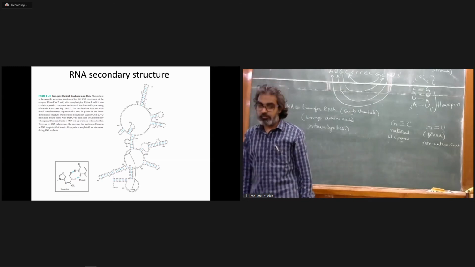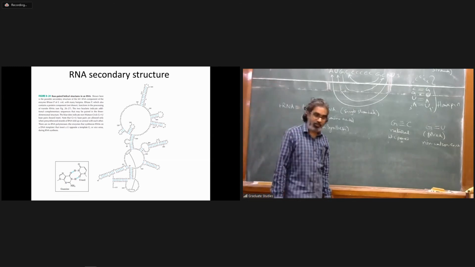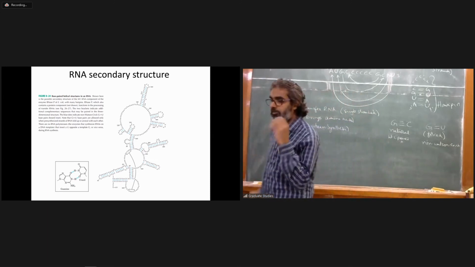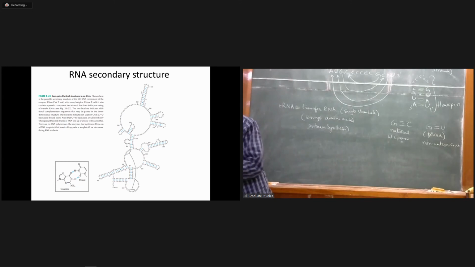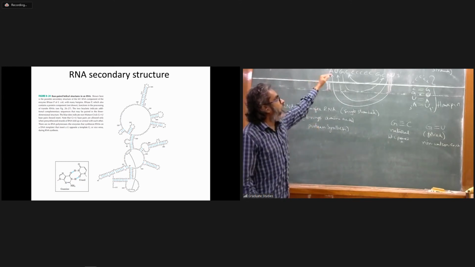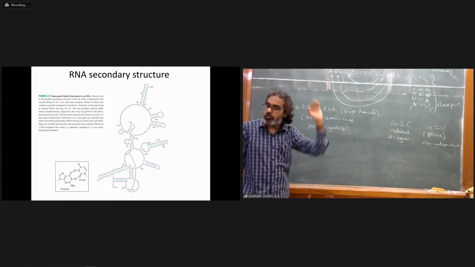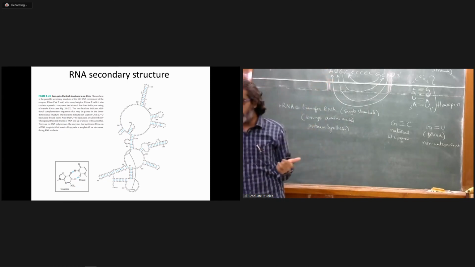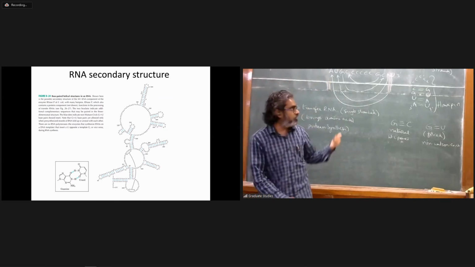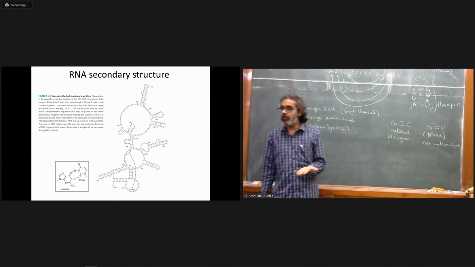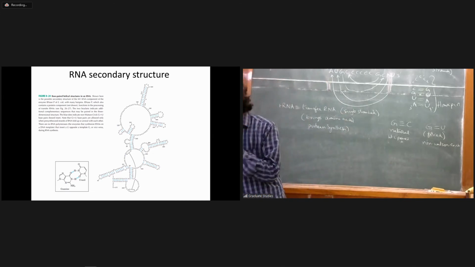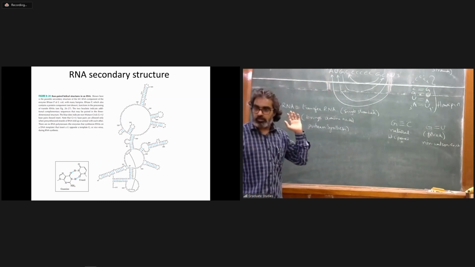The only exception is some viruses, RNA viruses, where you can synthesize a copy of RNA from another RNA. Otherwise, our cells do not have a complementary RNA strand for every messenger RNA because you don't require it. That's the problem even with DNA, but we never really study that because DNA automatically comes with a complementary strand. RNA doesn't.